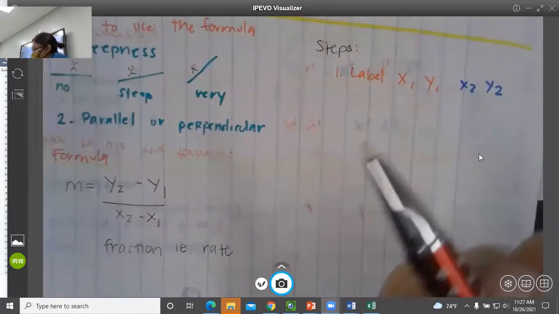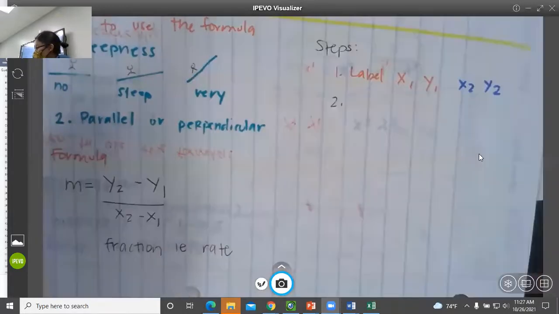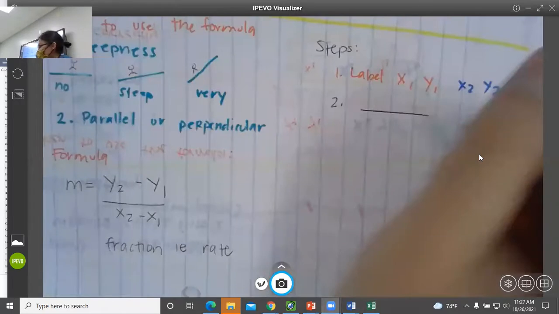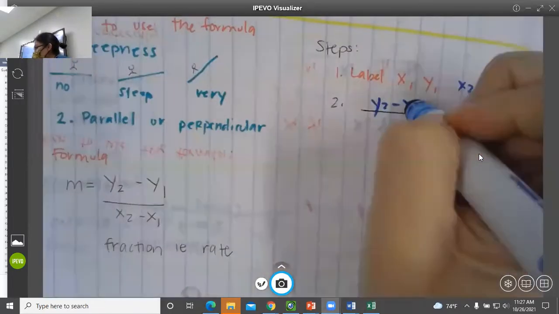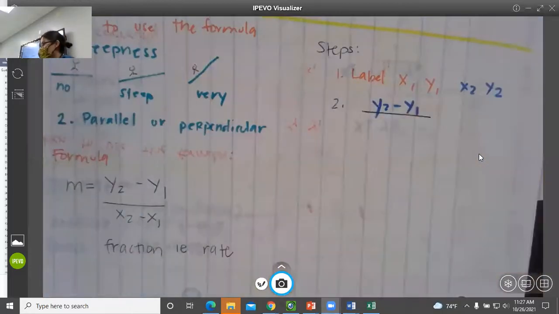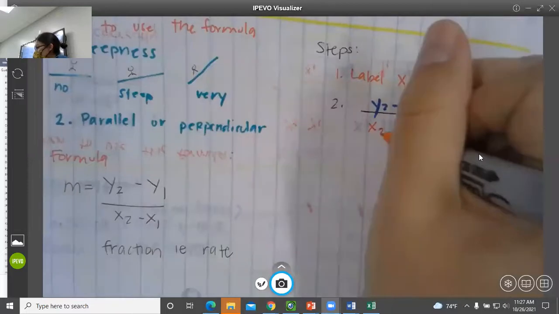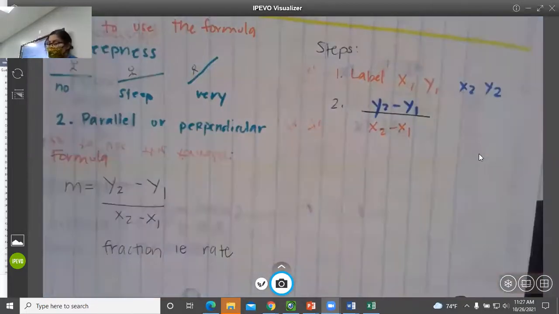And then we're going to use the formula. Just like Ashanti said, as long as the y's go together, that's fine. y1 minus y2, or y2 minus y1, the y's over x's. Ashton, please copy that. Then we're going to do an example together.